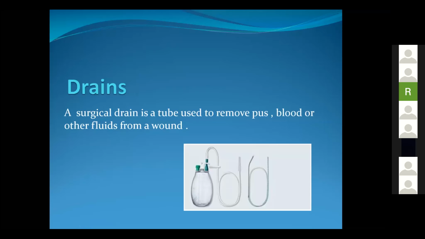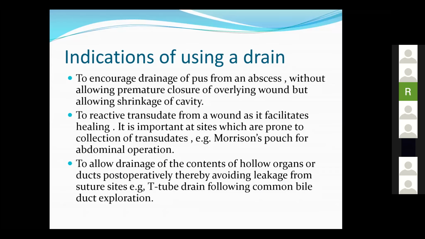Now coming down to sutures, after that we come down to drains. Drains are a wide variety where we do not want the fluid to remain there, and that fluid can be pus, a serous fluid, urine, or blood, anything to come out from the body or from the cavity, and we do not leave it there.